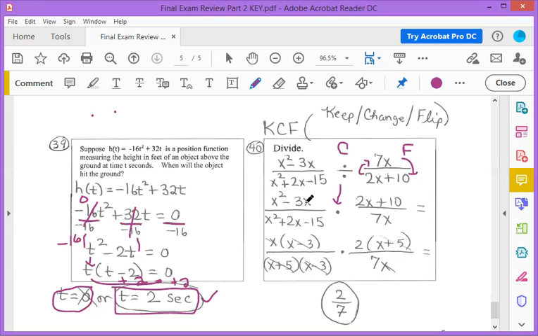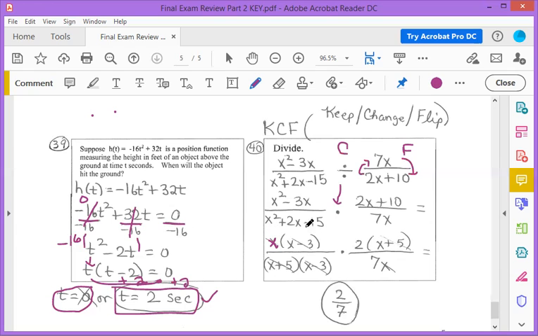Now this x squared minus 3x, we can factor x from both of those terms. x from x squared leaves x. x from minus 3x leaves minus 3. On the right side, we can factor 2 in the numerator. 2 from 2x leaves x, and 2 from 10 leaves 5, leaving x plus 5 here.